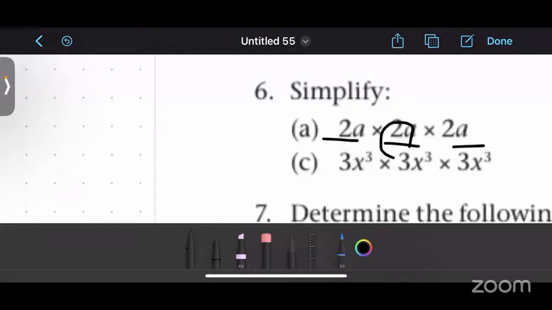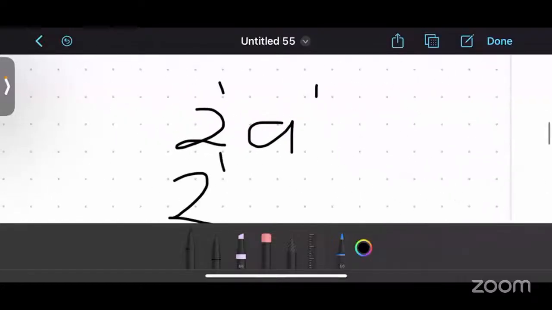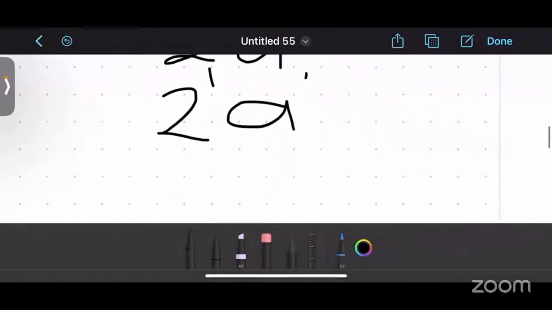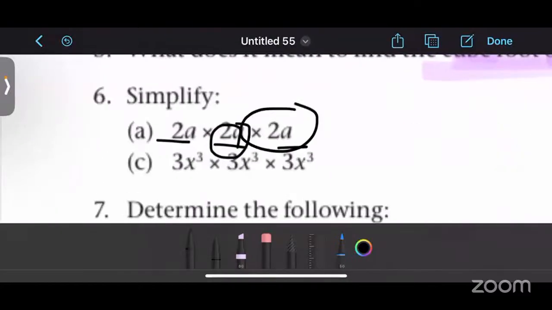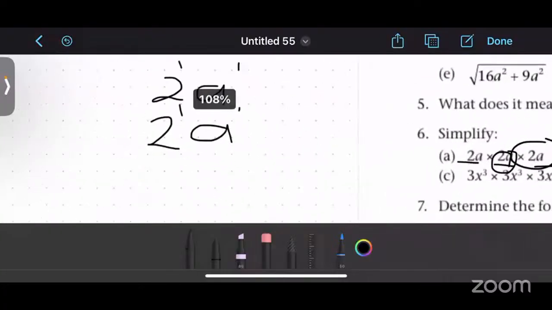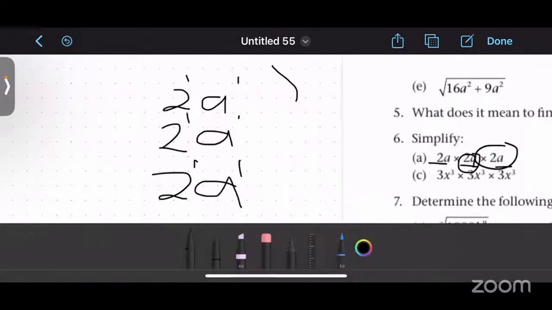So this one also has 2 to the power of 1, a to the power of 1. Now we have 3 of them. So it's going to be 2 to the power of 1, a to the power of 1. You are going to be multiplying all of these bases together, adding the exponents, which are these ones that you're seeing over here.